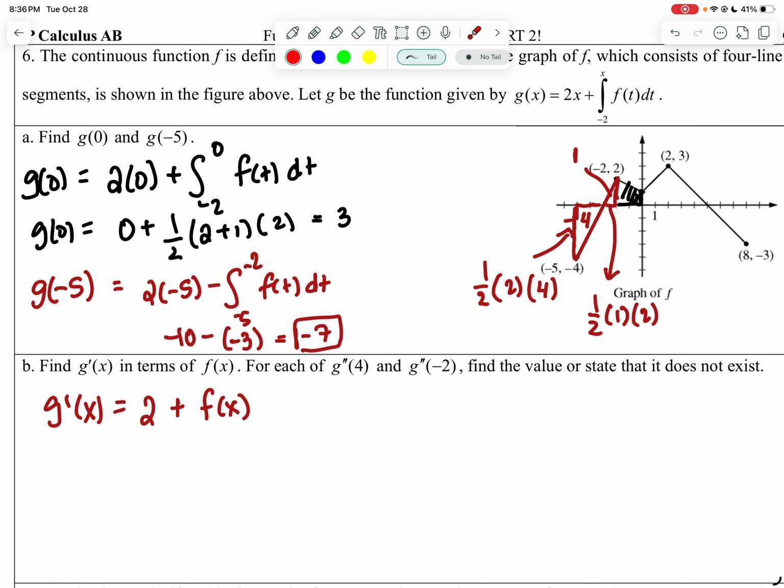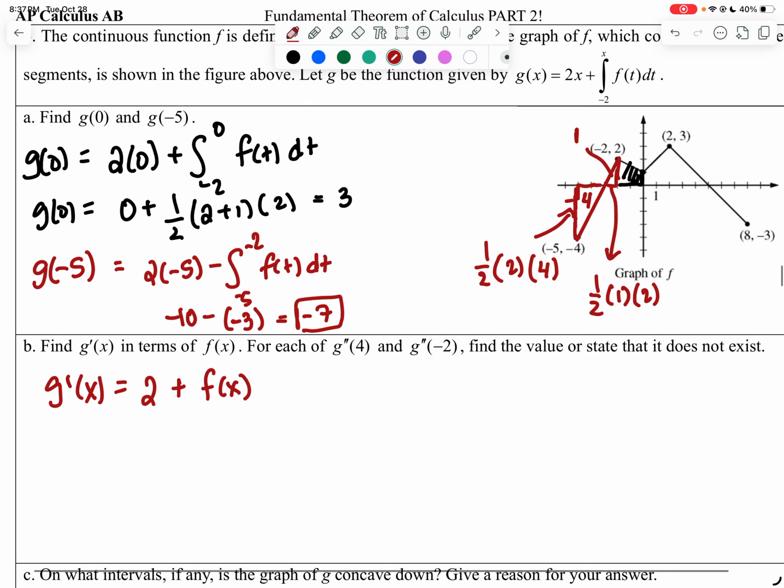Now, is it always going to be the case? No. It's just that it's always been an x so far. So on your FRQ, you might see a 2x, and then you'll have to take the derivative of 2x and multiply that with FTC part 2.